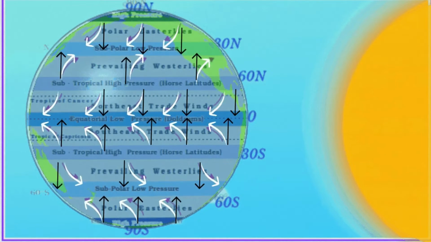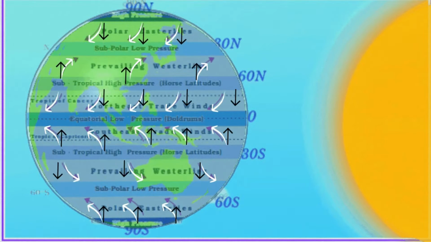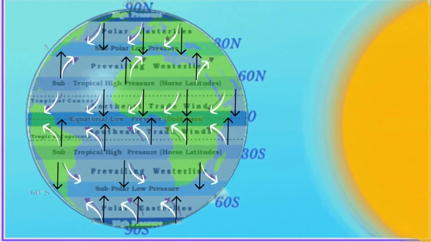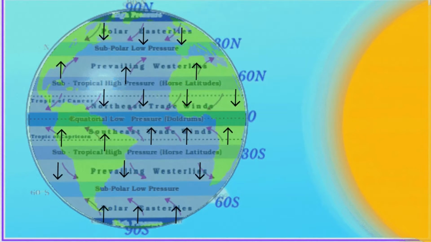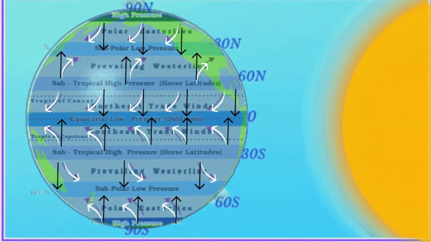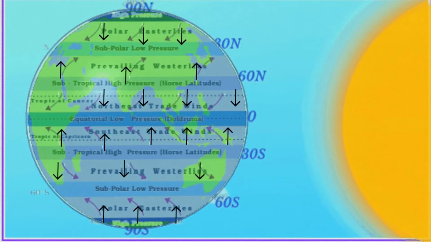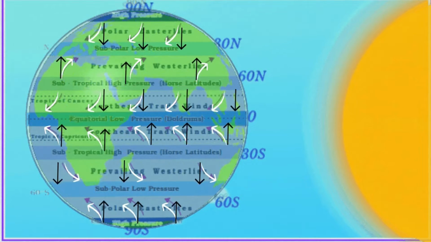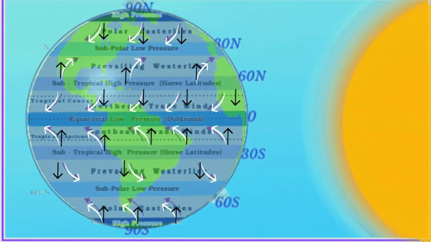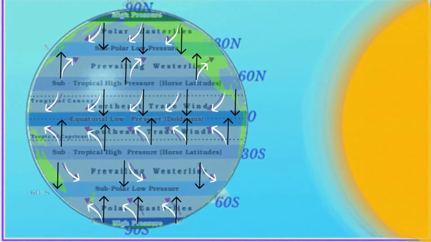The winds which blow from the subtropical high pressure belt to the subpolar low are called westerlies. So, once more, notice that the winds that are called westerlies are either blowing from the northwest or from the southwest.